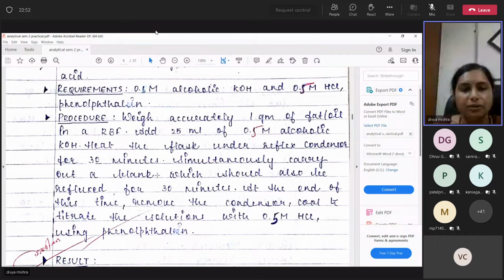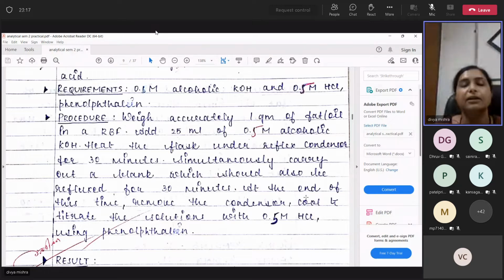So in the blank, we will take all the reagents except the sample. That will also be kept for refluxing for 30 minutes. Why? Because we are ensuring the same conditions, including time and the treatment, that is heating by reflux condenser.